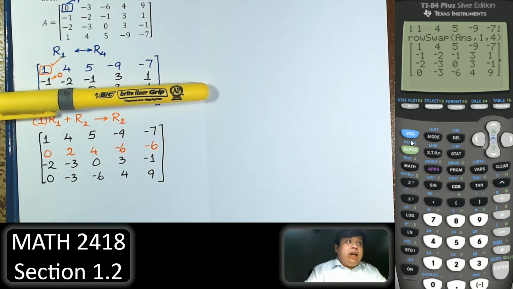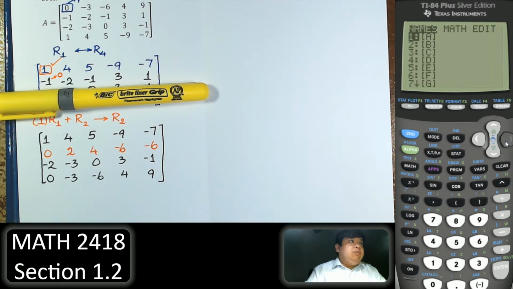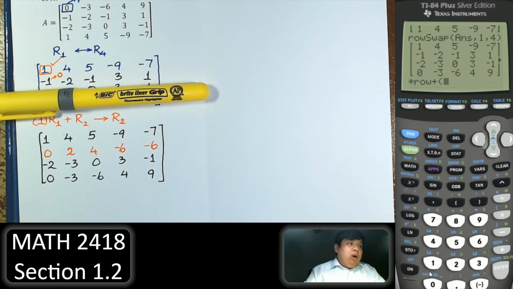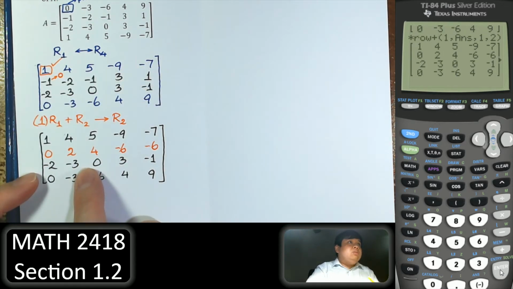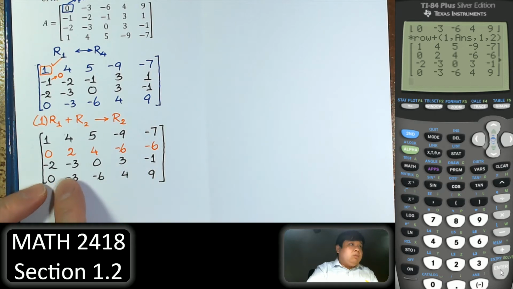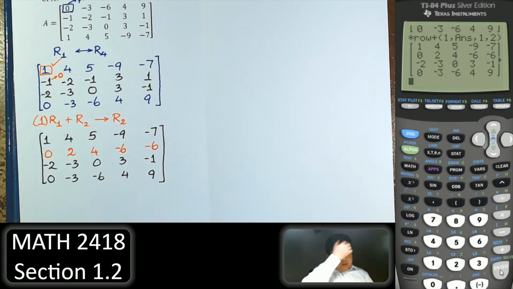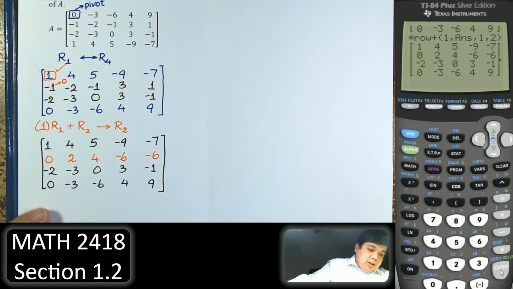Right. So on the calculator, second matrix, go to this option. We will multiply 1, apply to the matrix, multiply 1 into row 1 and add to row 2. Right. So let's check.